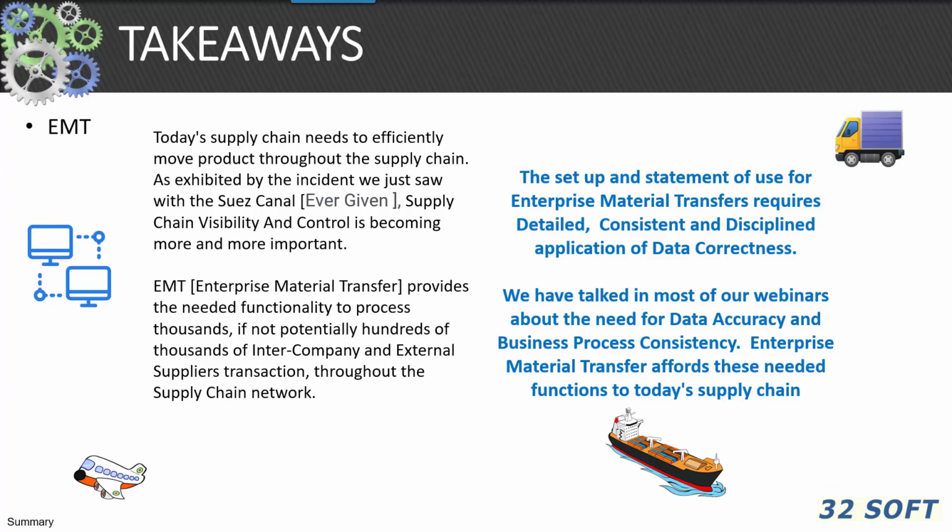So today's supply chain needs to be able to efficiently move product throughout the network of customers, manufacturers, and suppliers. This is becoming more and more important. I saw a bit on TikTok the other day that talked about the complexity of the modern supply chain.